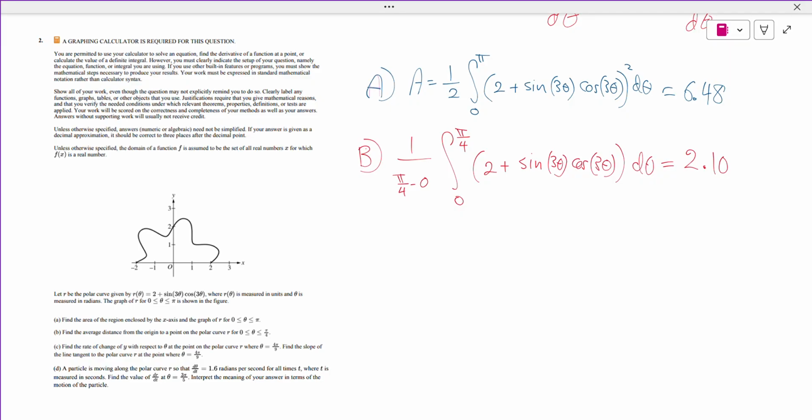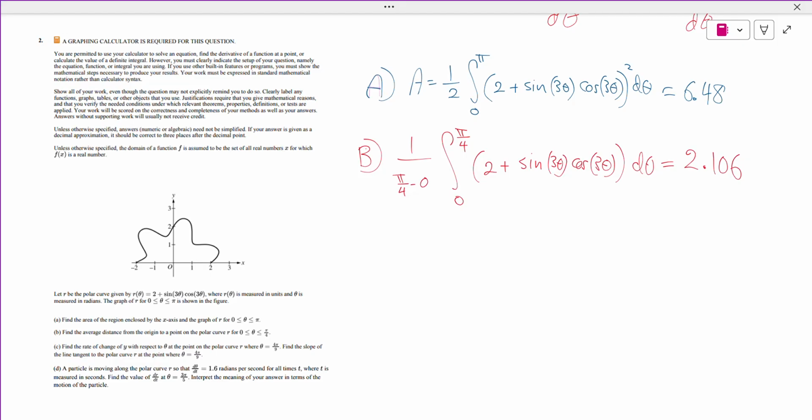Let me double check. Yes, so the average distance from the origin to a point on the polar curve r is equal to 2.106. This is the second part.